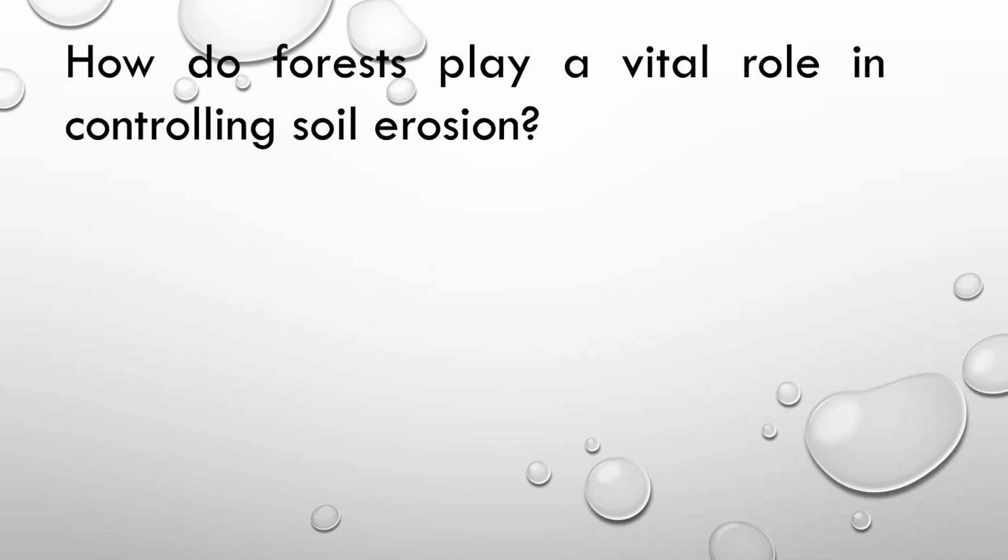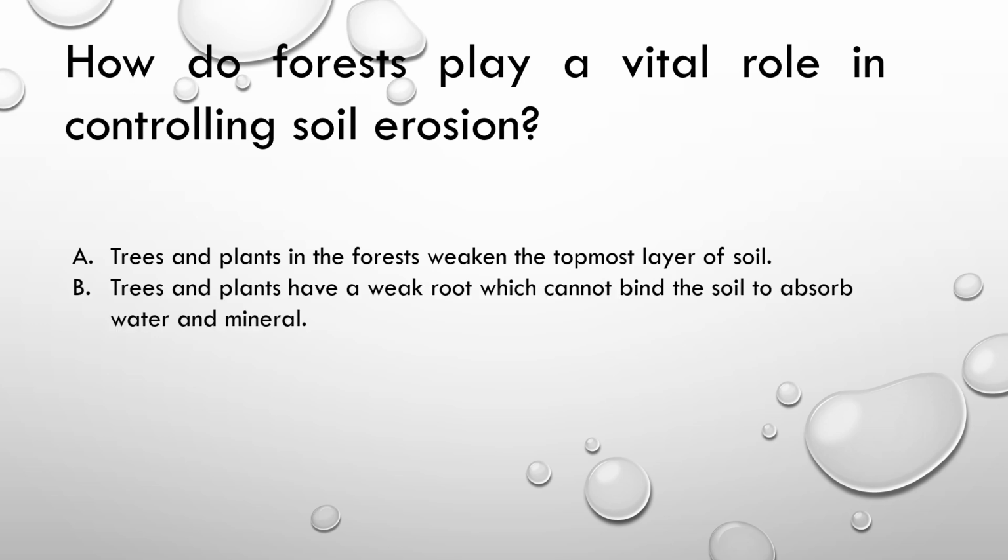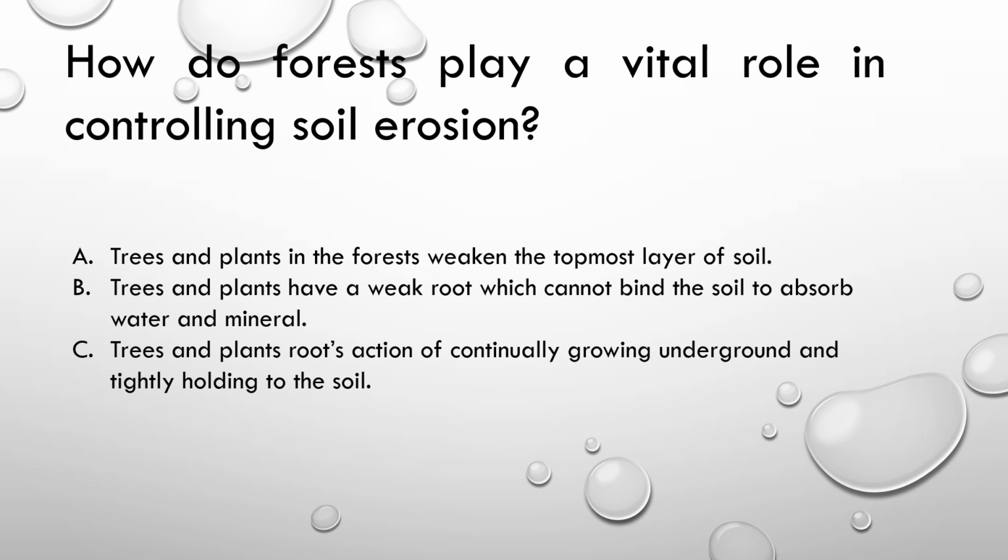How do forests play a vital role in controlling soil erosion? A. Trees and plants in the forest weaken the topmost layer of soil. B. Trees and plants have a weak root which cannot bind the soil to absorb water and mineral. C. Trees and plants' roots action of continually growing underground and tightly holding the soil.